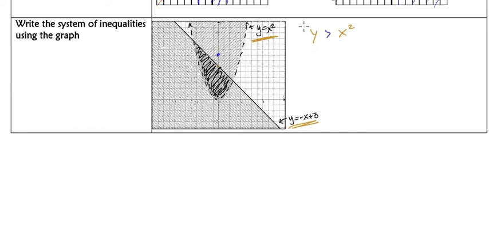Which should make sense because it's been shaded above, and so y is above. Y is greater than x squared, but it's a dotted line, and so we do not have the or equal to. If it was a solid line, we'd have or equal to.